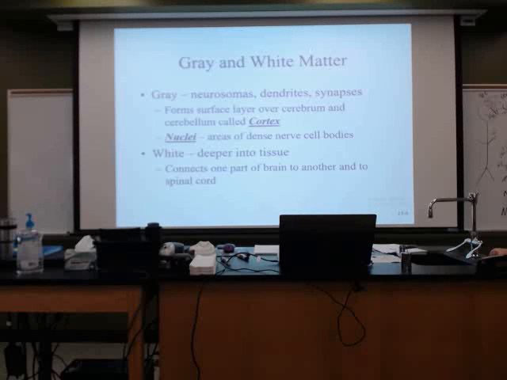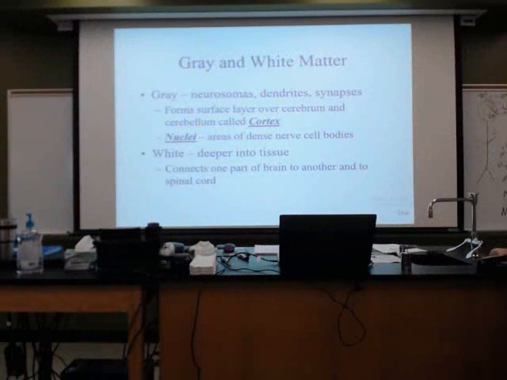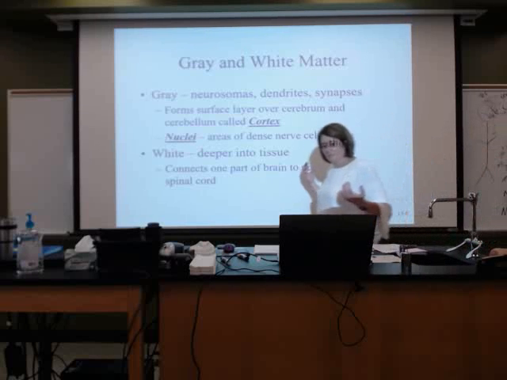Wait, gray to the inside. For the brain, you said, and white to the outside? For the brain, gray matter to the outside, white to the inside. For the spinal cord, white to the outside, gray to the inside. Kind of cool. Even though it's all central nervous system.